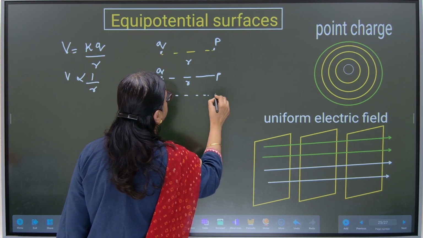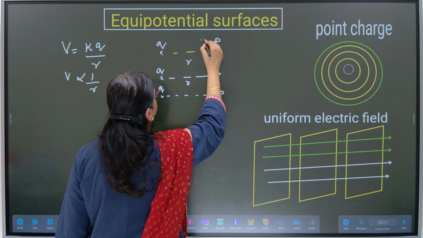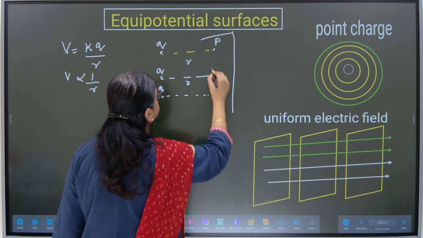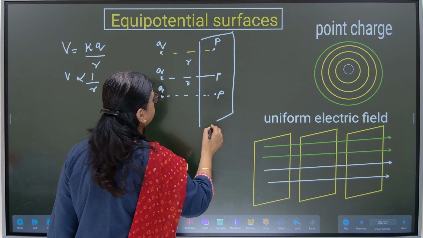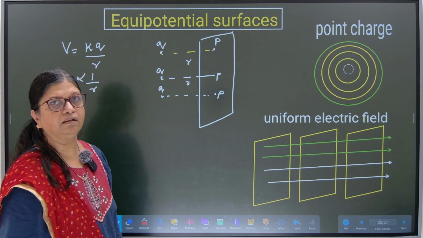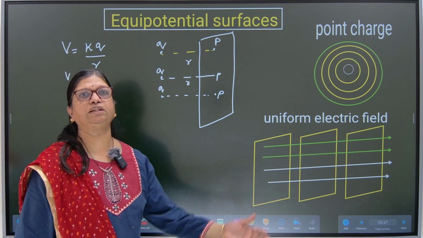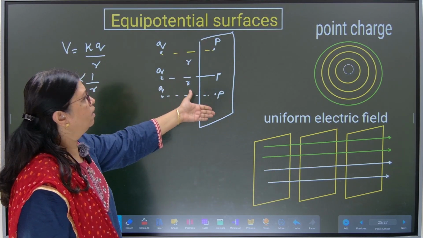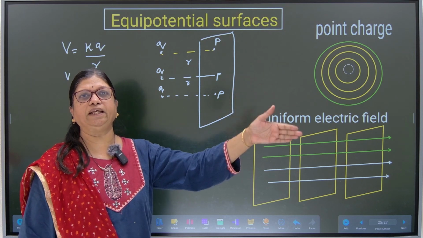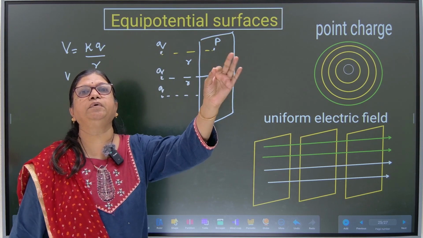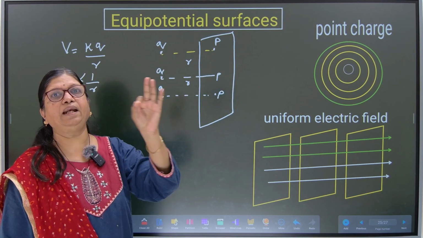an equipotential surface, just like a normal boat. We can construct an equipotential surface where all the points have the same potential, electric potential.